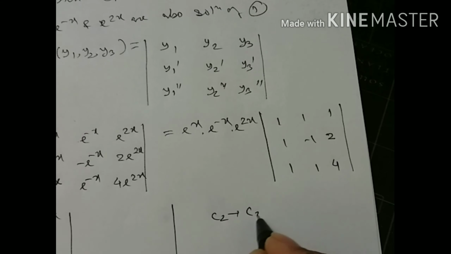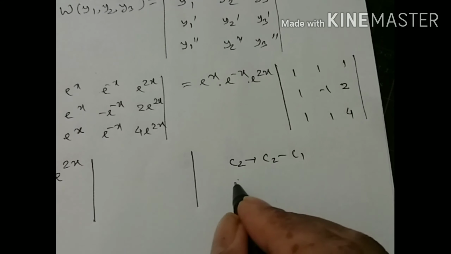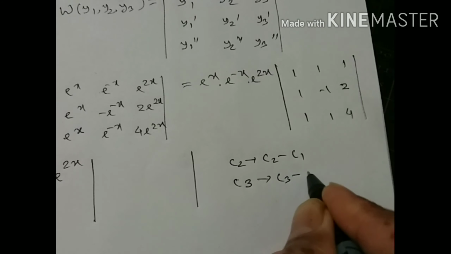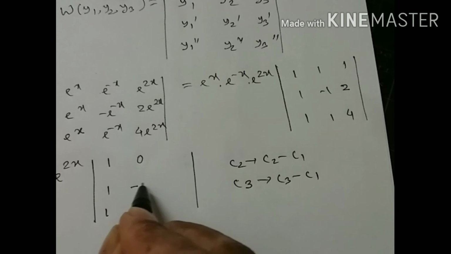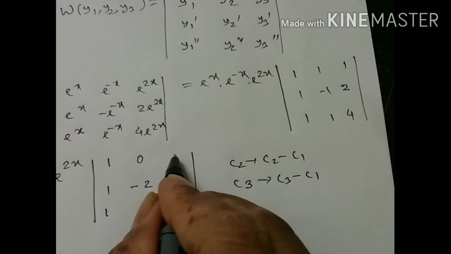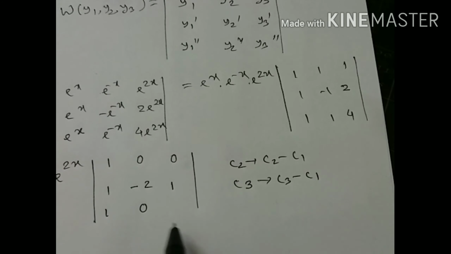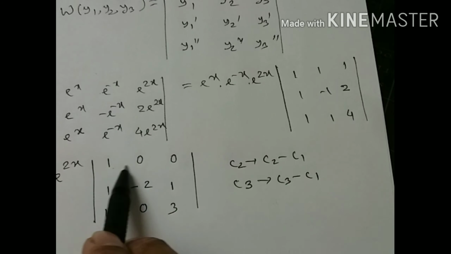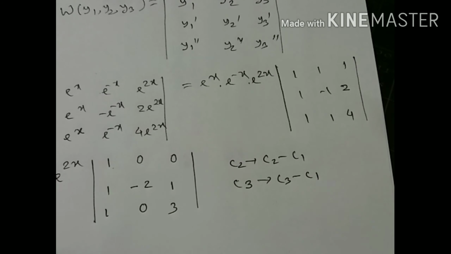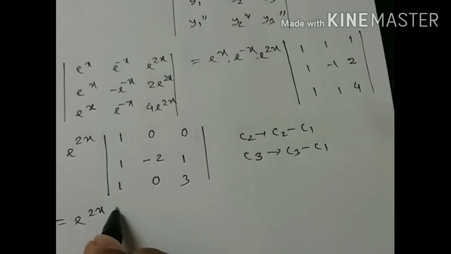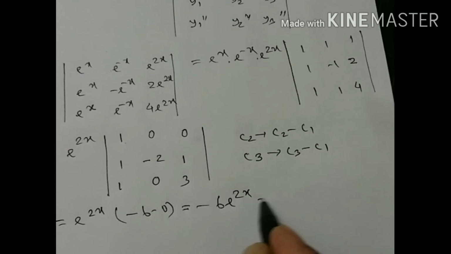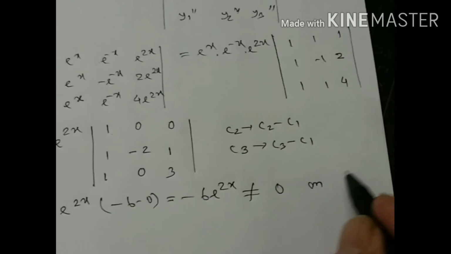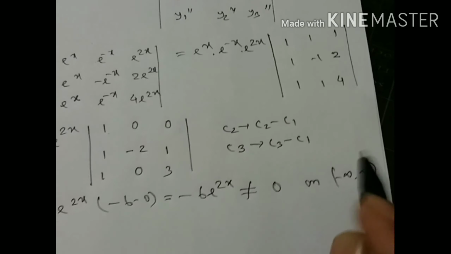We are doing C2 minus C1, and in C3, that is column 3 minus column 1. The first column remains the same. This gives 0, minus 2, 0, 0, 1, 3. So in the first row, two elements are 0, so we can easily expand. After expanding, we get minus 6 minus 0, ultimately minus 6 e to the power twice x, which is not equal to 0 on the interval minus infinity to infinity.